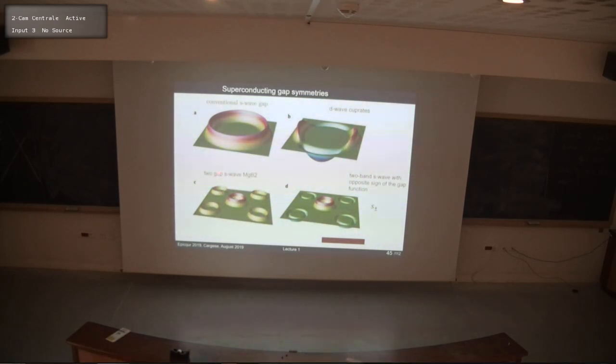In another conventional superconductor, but now with 2 bands, like MgB2, you can have again S-wave gaps, but of different sizes on the different Fermi surfaces, whereas in iron-based superconductors, one potential candidate for the gap symmetry is S-wave-like, but with a sign change between the electron and hole-like bands. So again, we have multiple gaps occurring, and this particular scenario relies on having pairing due to spin fluctuations.